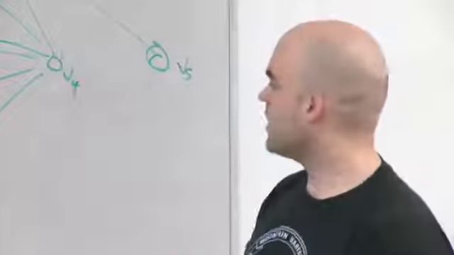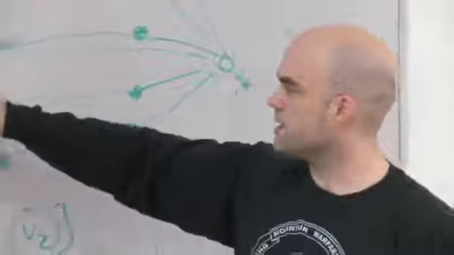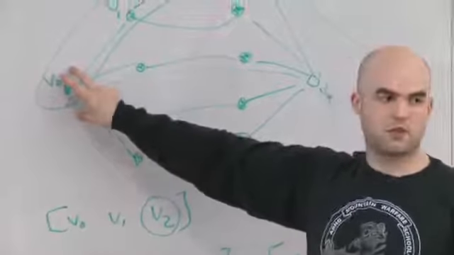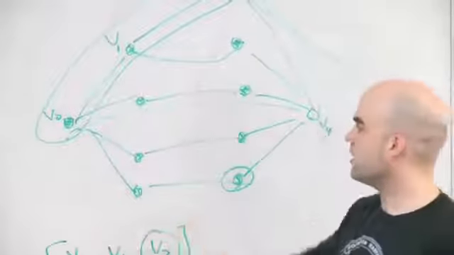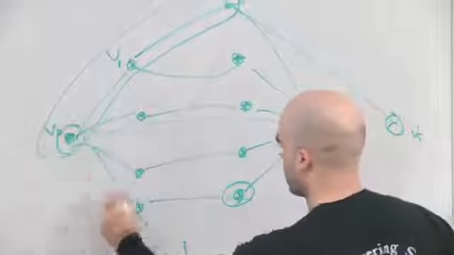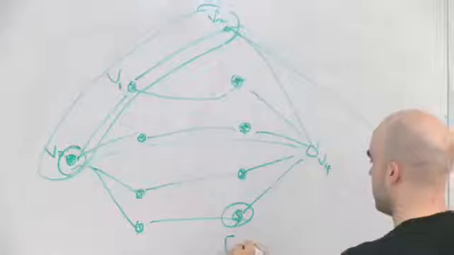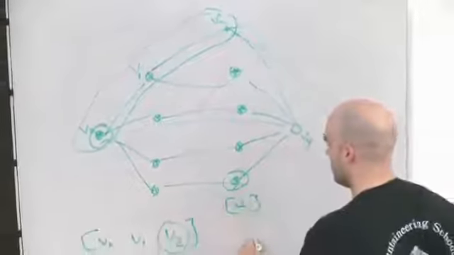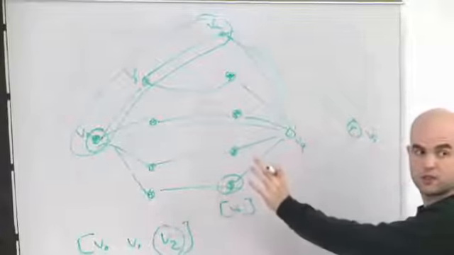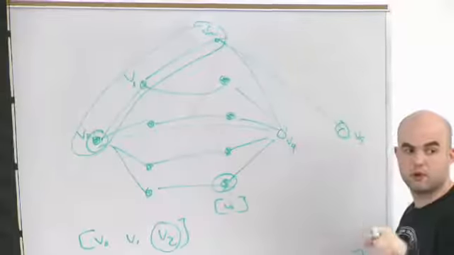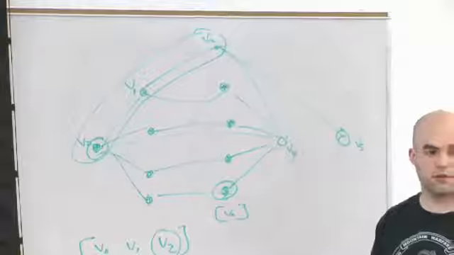So the idea is that we start off with a partial path of just this guy, and then we find all the other partial paths. So it'll start off with just this guy as its list of paths, so one element, and then it's going to pop this off the front. It's going to say, okay, I'm looking at this partial path. What are the additional paths that I can build off of this?